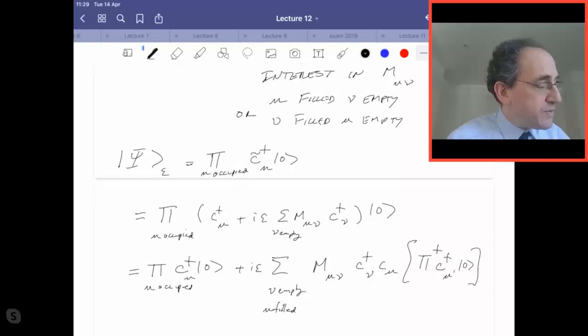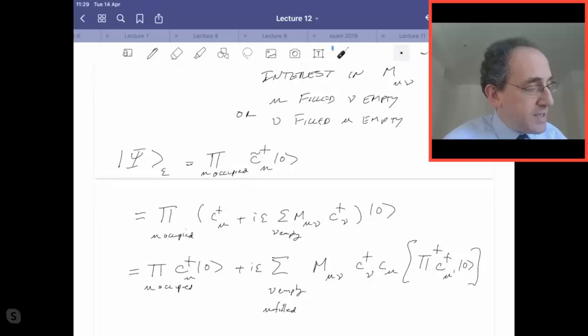Okay, so what did I actually do here? I wrote this term linear in epsilon in a creative way.